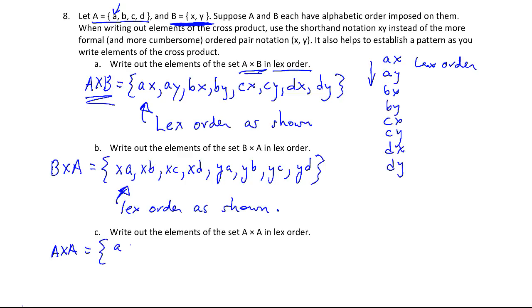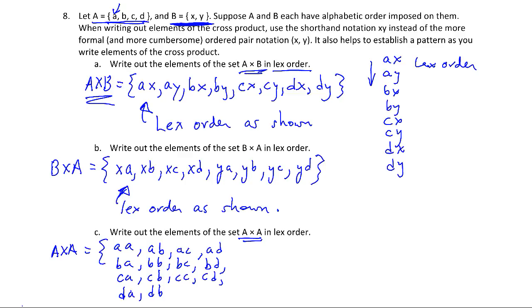Both elements in the ordered pair are drawn from set A. So I have things like AA, AB, AC, AD, BA, BB, BC, BD, CA, CB, CC, and CD. Finally, DA, DB. You see the pattern, I hope. DC and DD. Ordered Lex as shown.